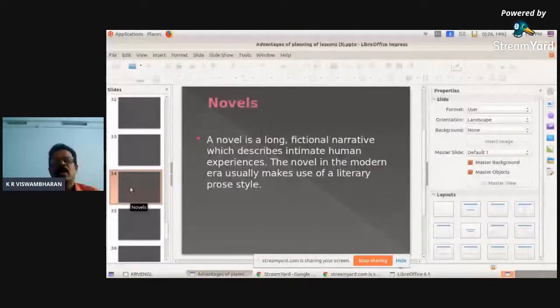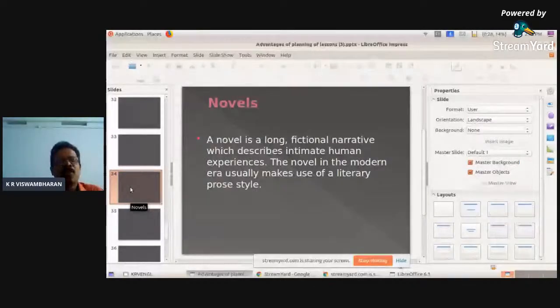You know about modern poems, modern novels. So what is a novel is a very important question as a part of the end semester examination. What is a poem, what is a novel, etc. You should know. A novel is a long fictional narrative which describes intimate human experiences.